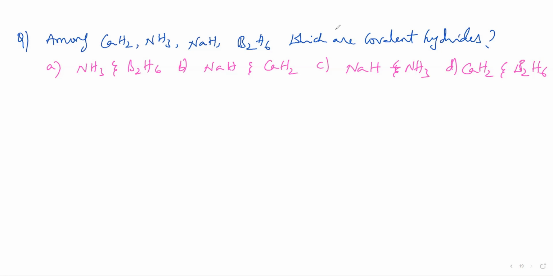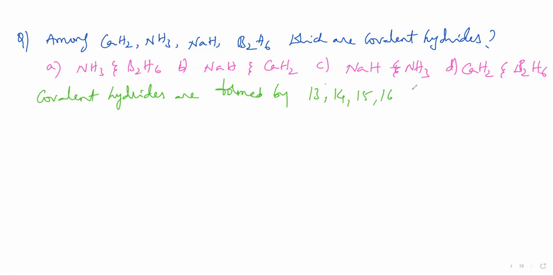Okay. So what is the generalization? Covalent hydrides are formed by 13th, 14th, 15th, 16th, and 17th group elements. They're all covalent hydrides. So among them, which elements are belonging to 13th to 17th, they will be considered as covalent.